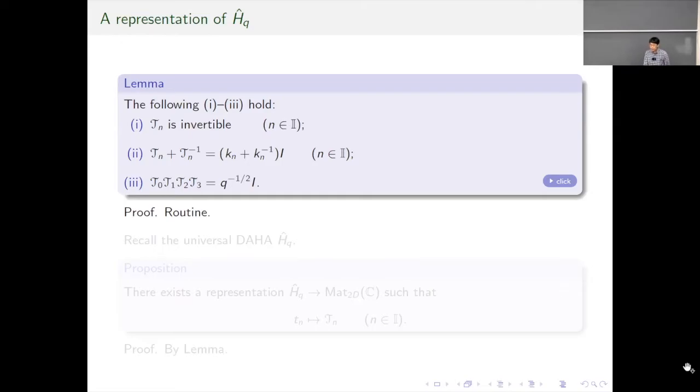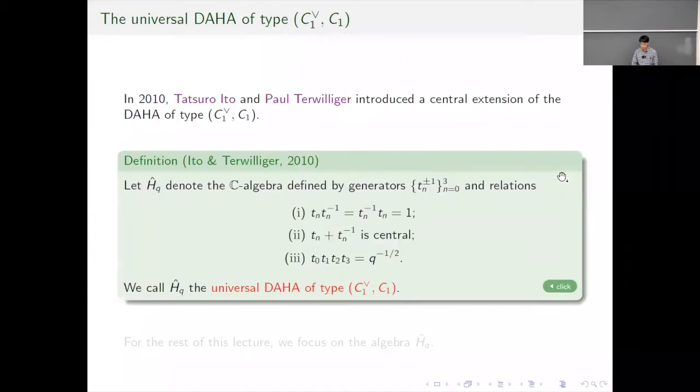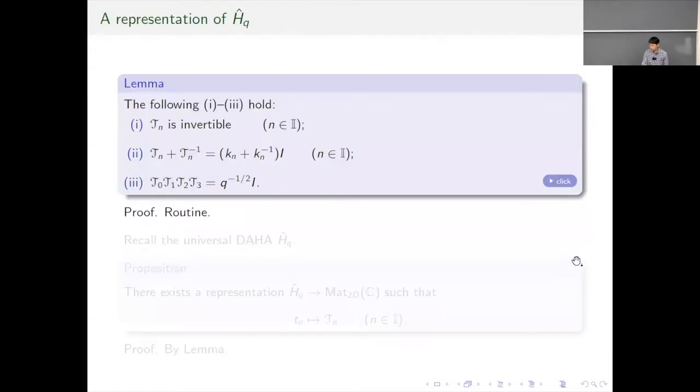But we are familiar with these three statements. This is the definition of the universal DAHA of type D1 check C1. The first condition corresponds to the first relation, and the second and third correspond to the second and third relations, respectively.